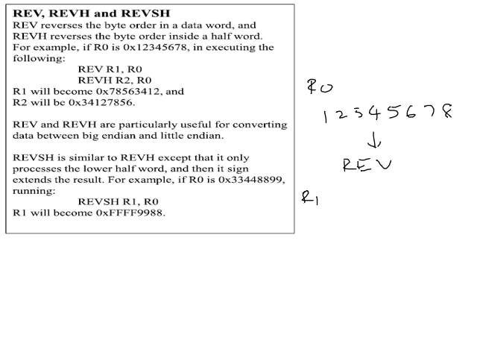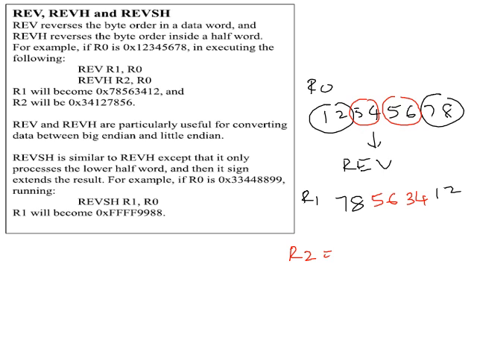So 78 and 12 change positions, and the other bytes, 56 and 34, are also interchanged. Similarly, if you take R2.